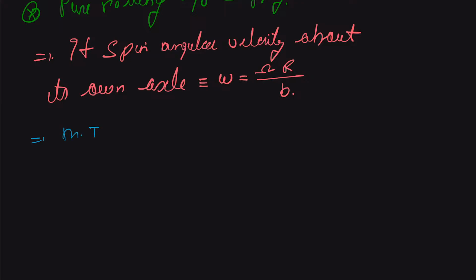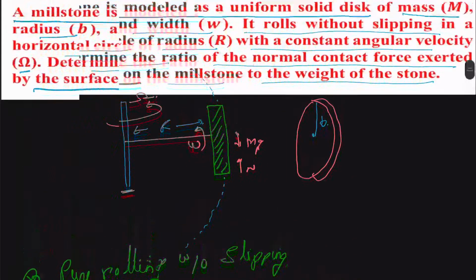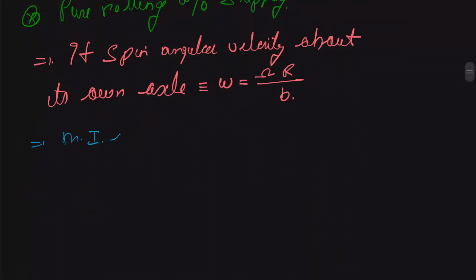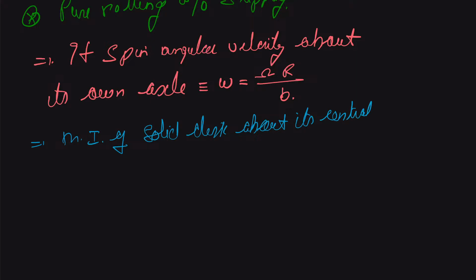You can say moment of inertia of a solid disk about its central axis, let us call this our I, and this I will be equal to 1/2 m and radius square.